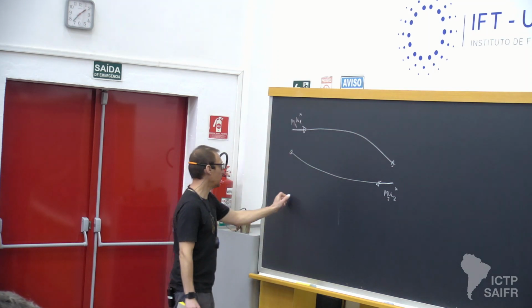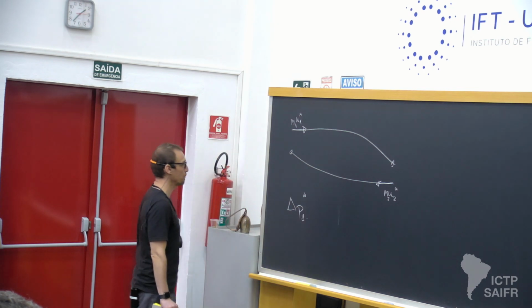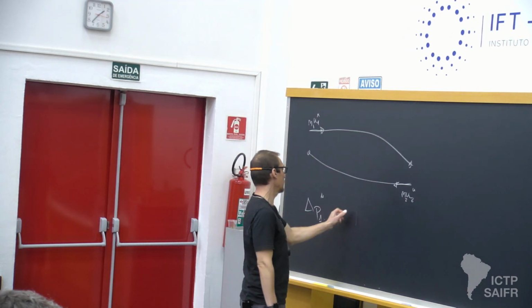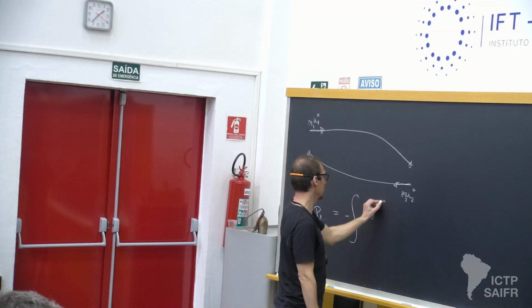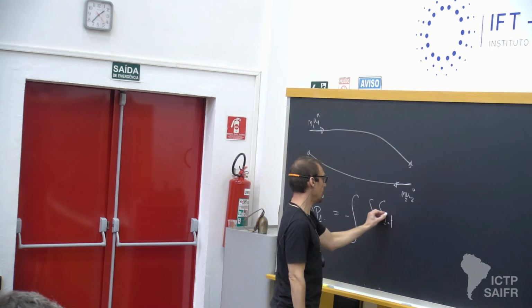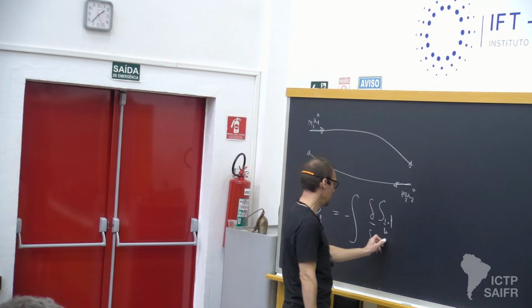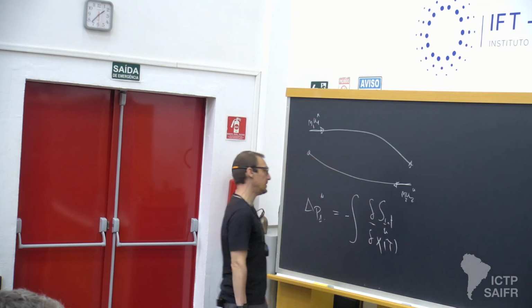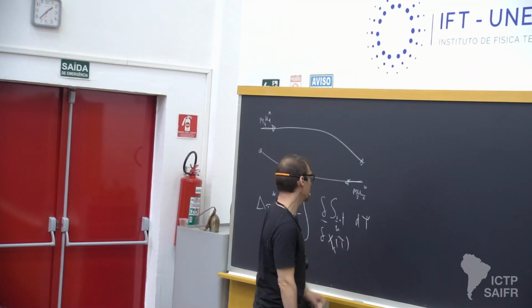And we wanted to compute an impulse, say of particle 1, where we integrated, and there's some sign convention, the interaction action with respect to x mu. And there's a tau dependence, and this is particle 1, and then we integrate in time.